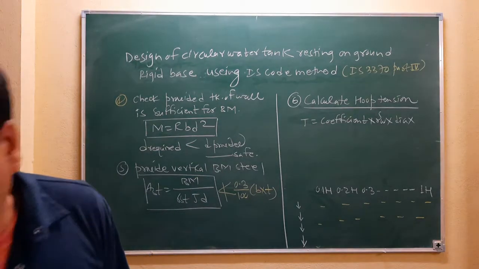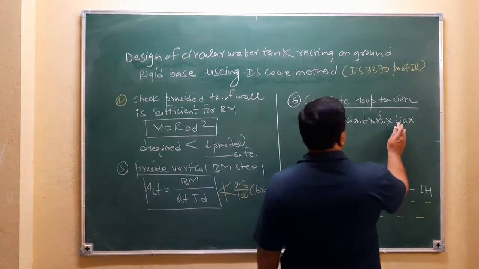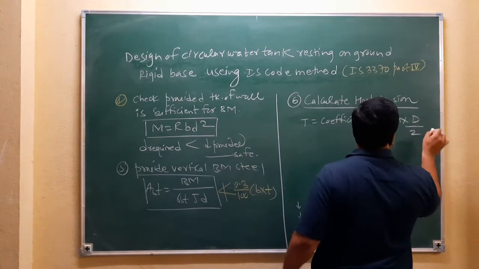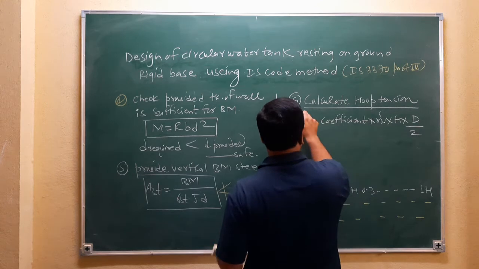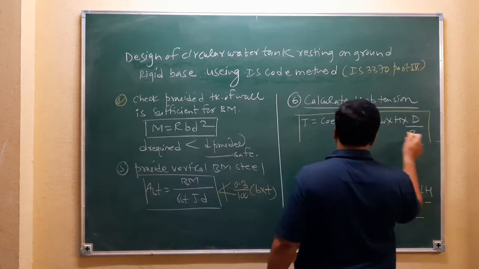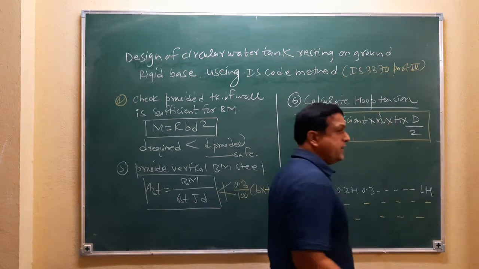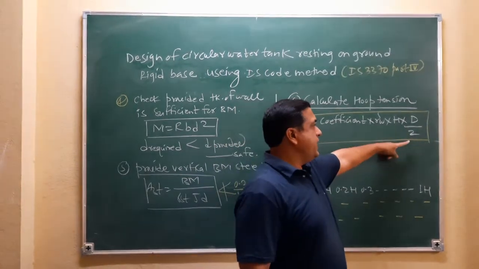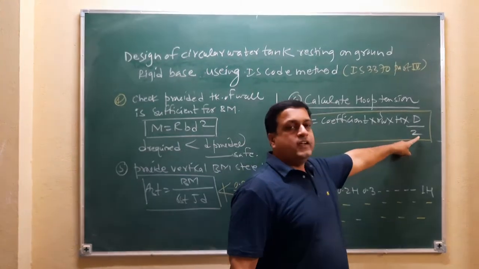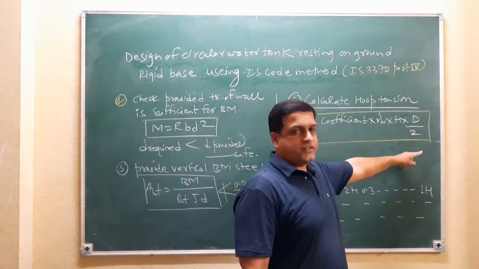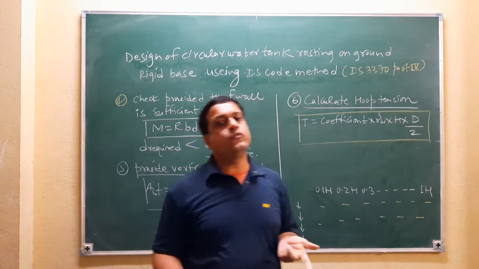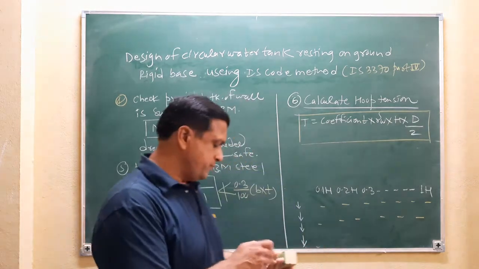In the IS code on page number 35 this formula is available, and in this place it is written radius in the IS code. So radius is nothing but diameter by 2. Using this formula, you have to find out the hoop tension.